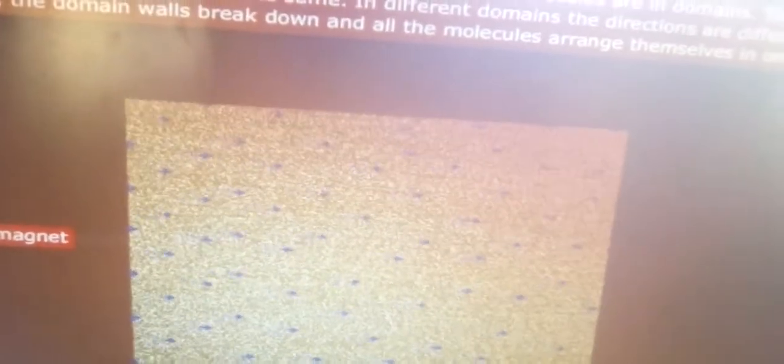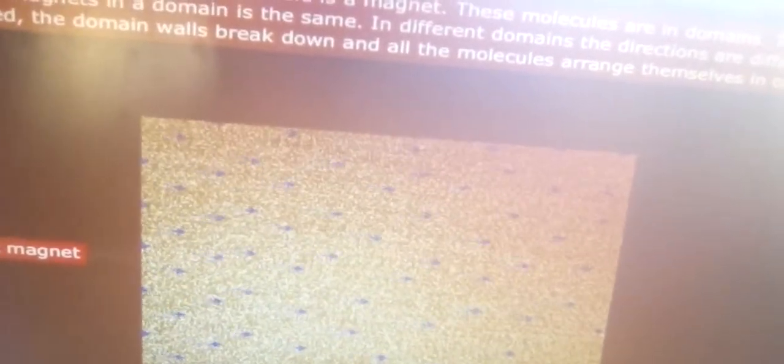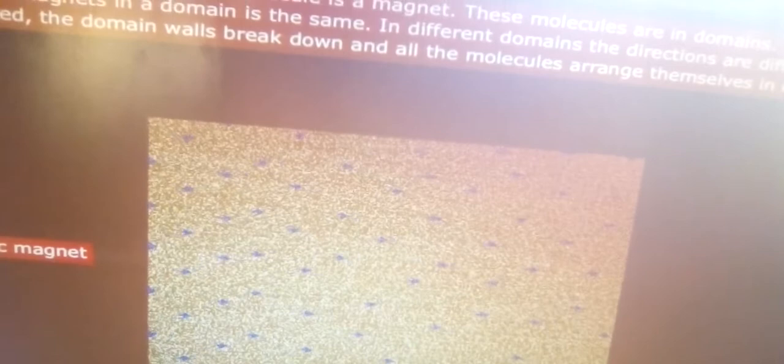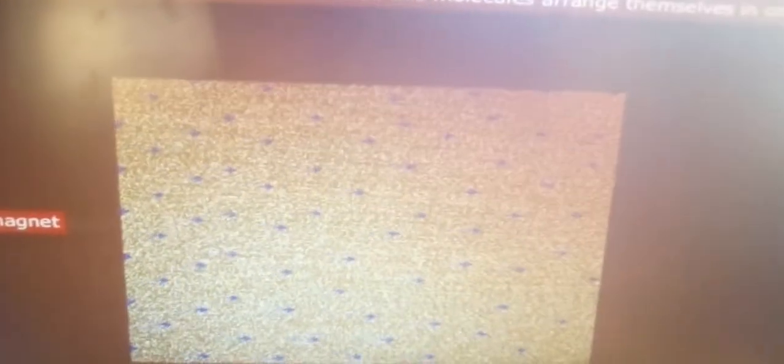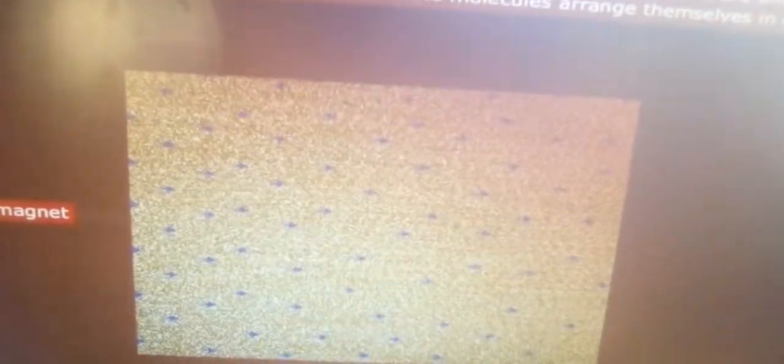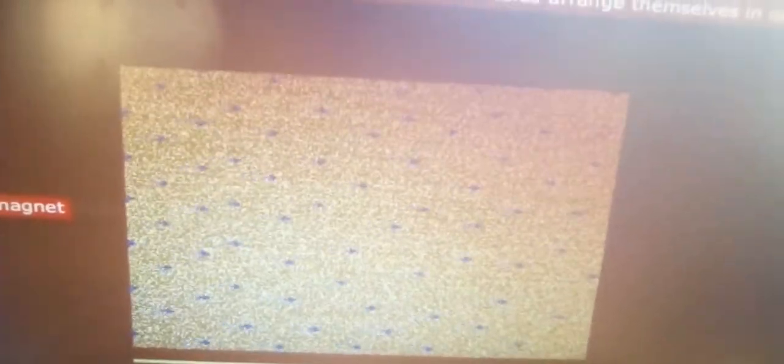Okay, so domain theory suggests that the magnetic material is made up of small atoms, and those small atoms are magnetic in nature. In the unmagnetized state, the atomic magnets face in random directions.